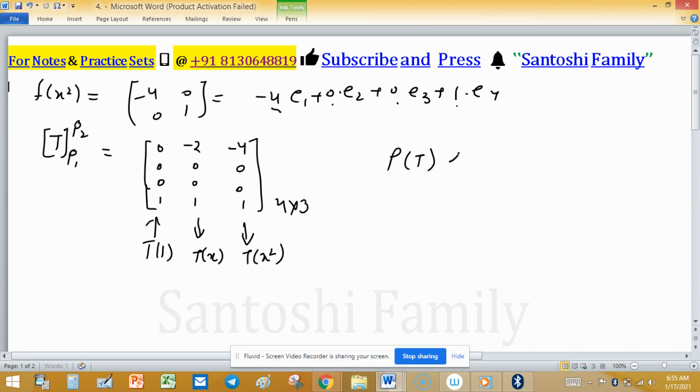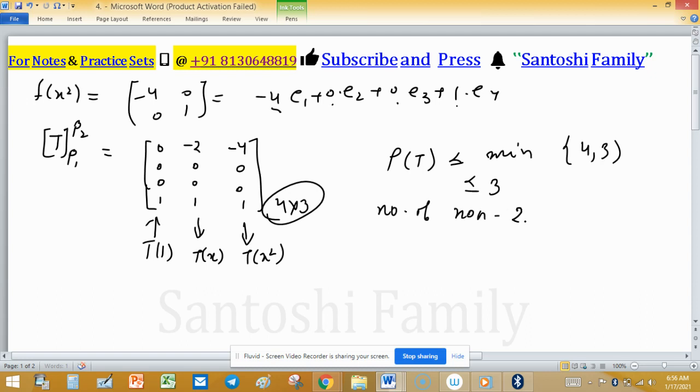The rank of T will be less than or equal to the minimum of these sizes, min of 4 and 3, so it will be less than or equal to 3. Now you can check the number of non-zero rows, which is 2, so the rank of T is 2.